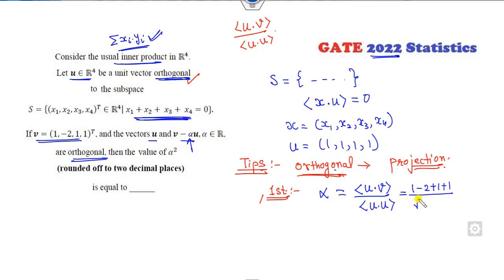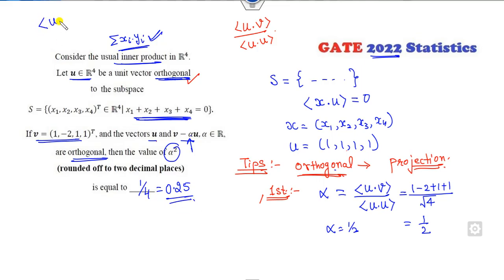So you can simply say it is u dot u, which is 4. Its norm is root of 4, so alpha is my 1 over 2. Alpha square we need, it's 1 over 4. That is 0.25 is the right answer.